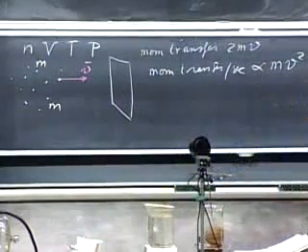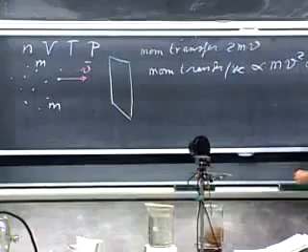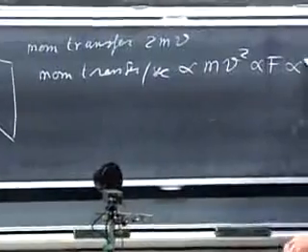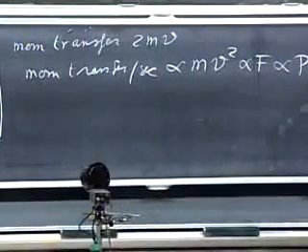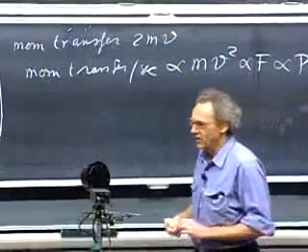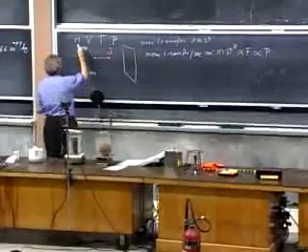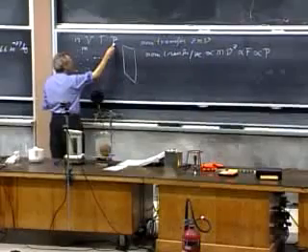Now, momentum transfer per second is clearly a force, proportional to the force, and that is proportional to the pressure. And yet, the pressure is not affected by the mass. Notice, if these are the same, the pressure must also be the same.